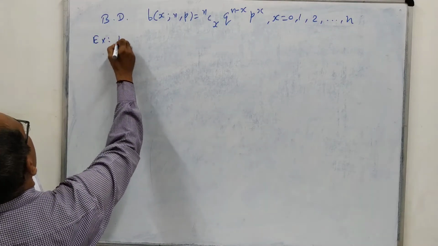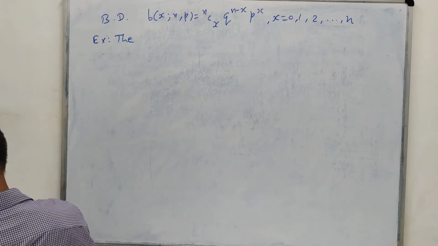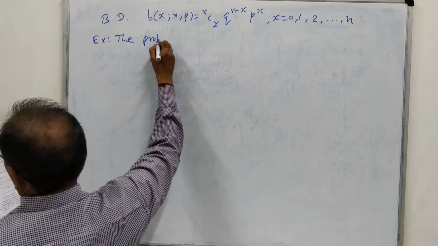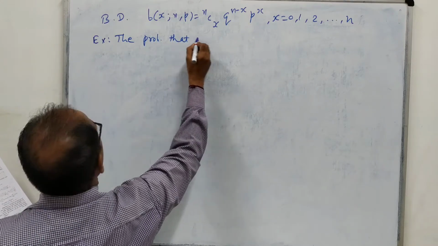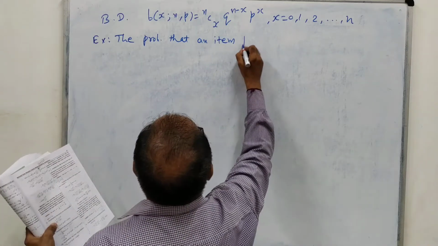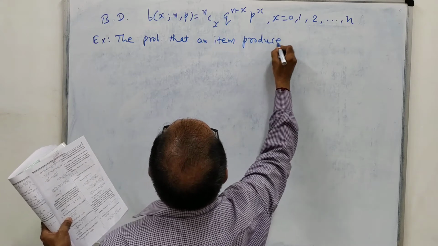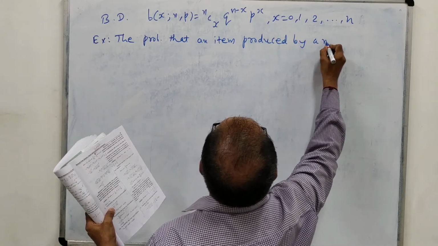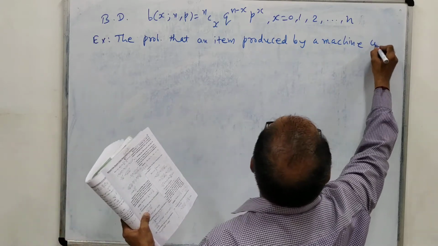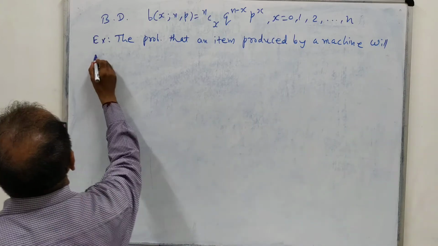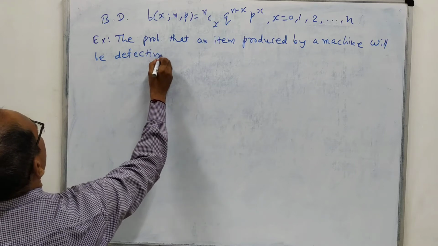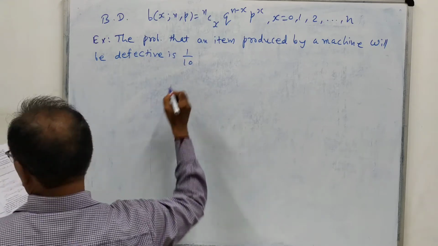The probability that an item produced by a machine will be defective is 1 by 10.